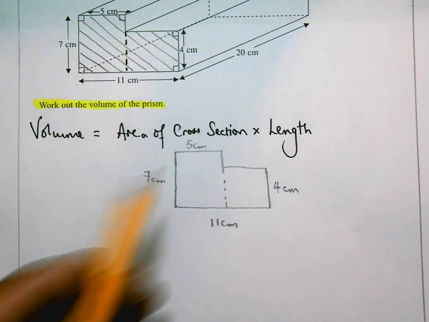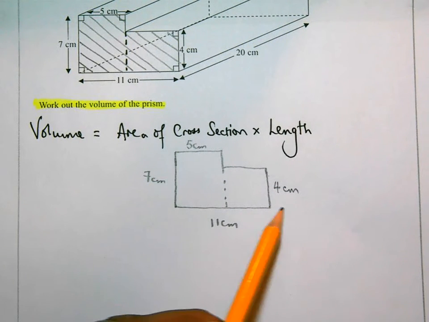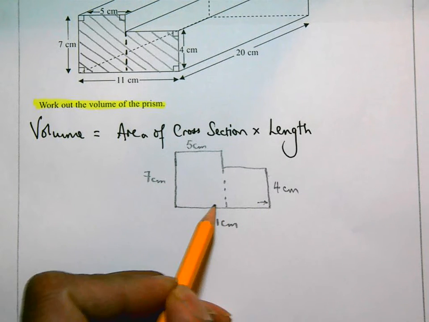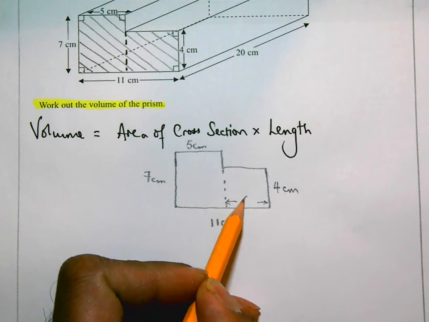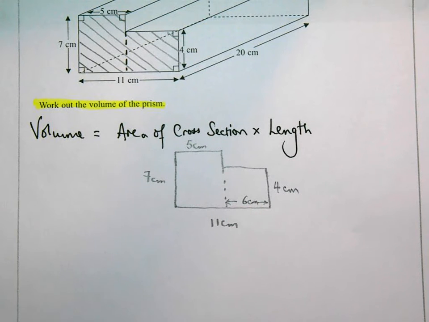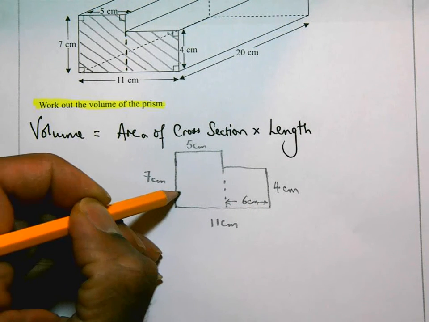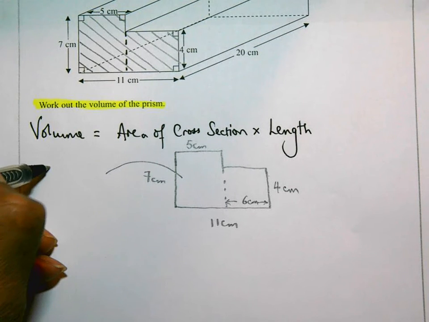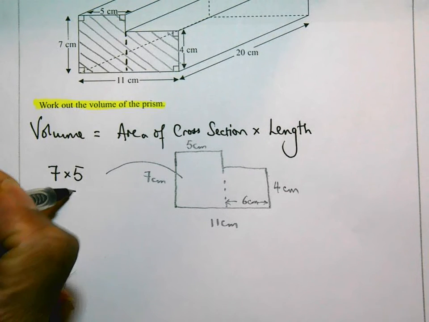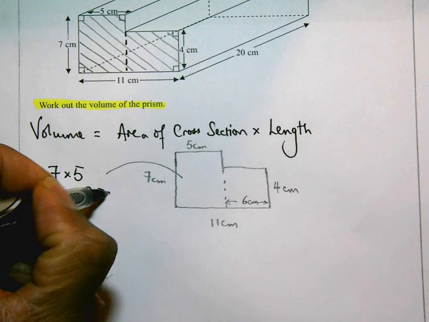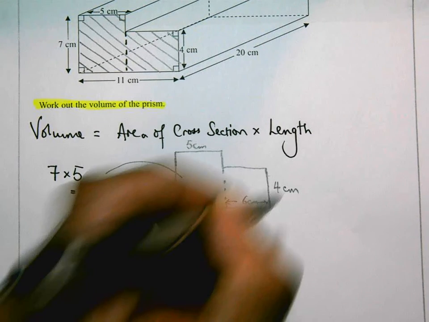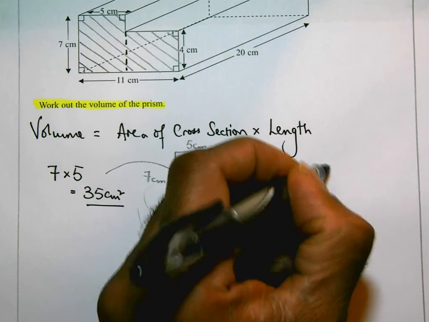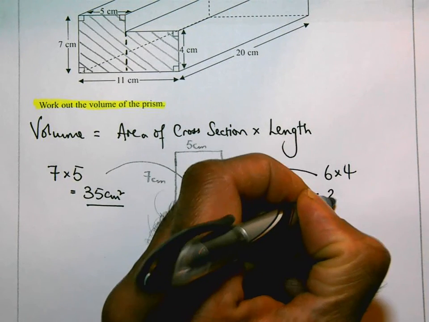Because that's 5 centimeters and that's 11 centimeters there, that means that this distance here is 6 centimeters. Okay, so the area of that rectangle is going to be 7 times 5, 35 centimeters squared.